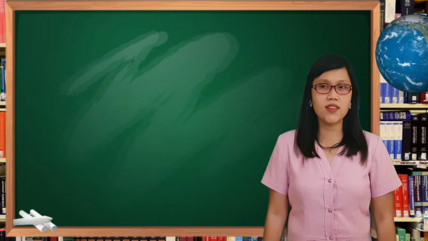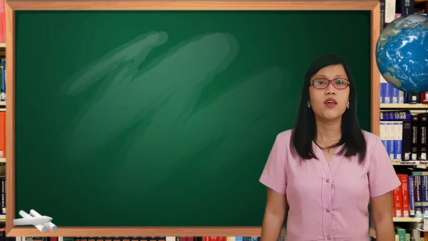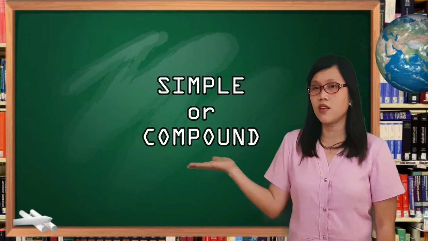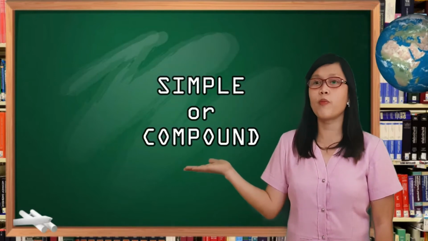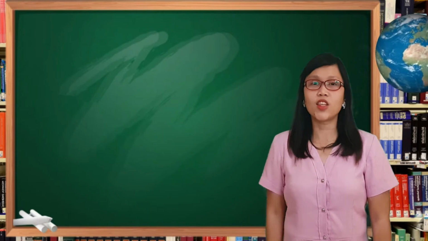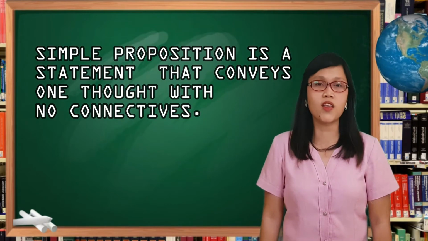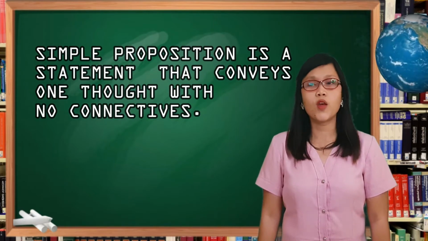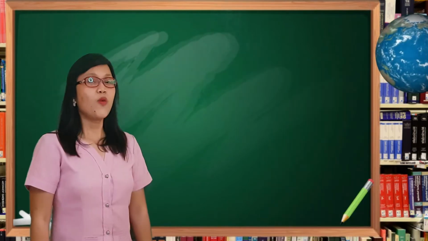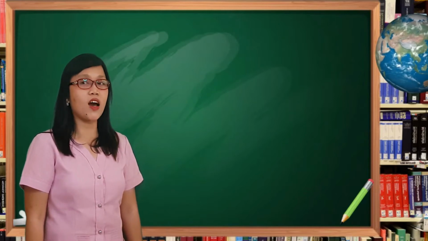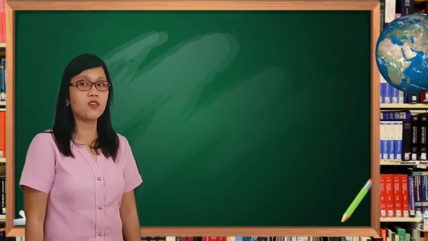The next phase that you must know is if that proposition is a simple or compound proposition. Take note. A simple proposition is a statement that conveys one thought with no connectives, while a compound proposition is a statement that can be broken down into simpler propositions.